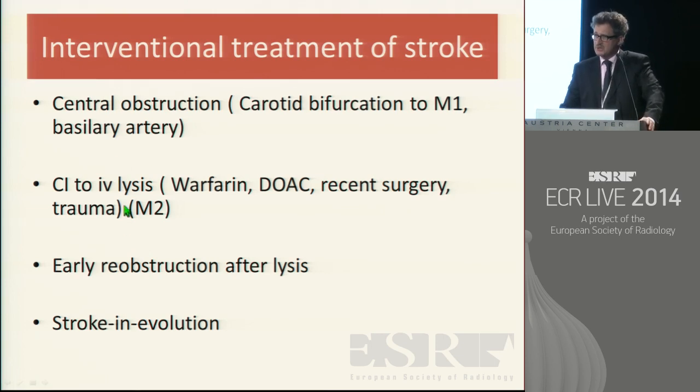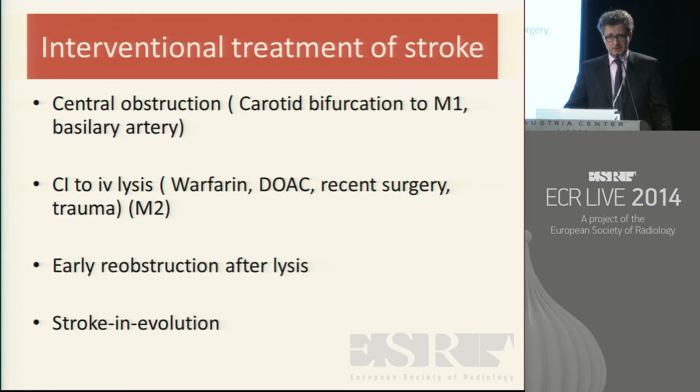There are a couple of patients who have contraindications: patients who are under warfarin, under new heparin analogues, patients who had recent surgery, mainly brain surgery or face surgery, or patients who have a trauma, either just before the stroke or in conjunction with the stroke, which is not rare.